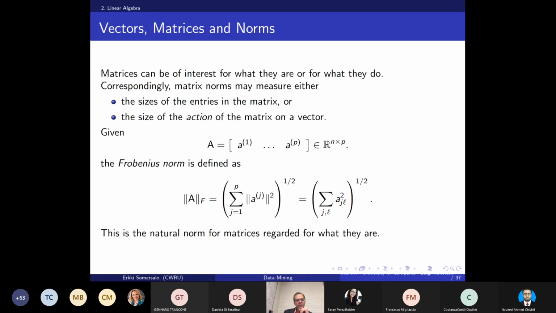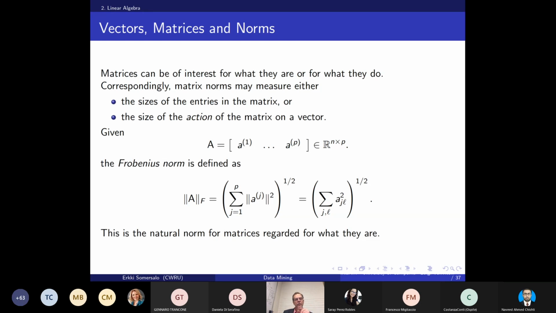That's one view. And then there's another view. Remember, a matrix is multiplying vectors. So you can think of a matrix as an operator. It sends a vector to another vector. That's what the matrix is doing, so not what a matrix is, but what it is doing. And that brings another concept of norm, which I will define soon.